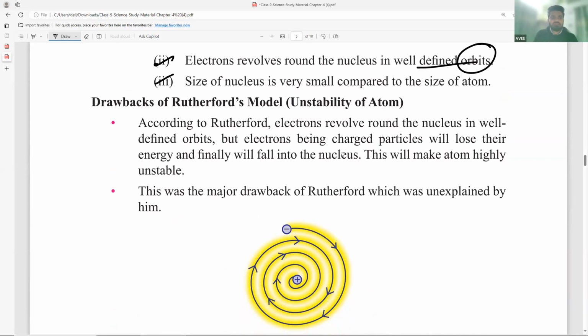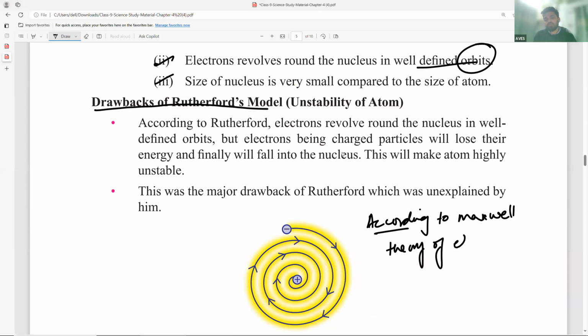If I talk about the drawbacks of the Rutherford model, what are they? According to Maxwell's theory of electromagnetism, when a charged particle like an electron revolves around the nucleus, it will definitely lose its energy.